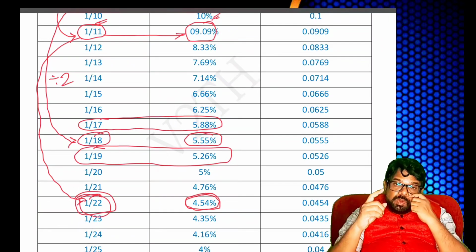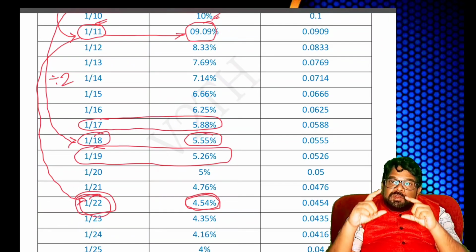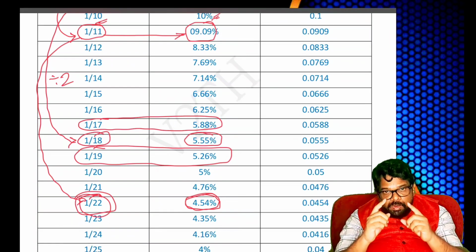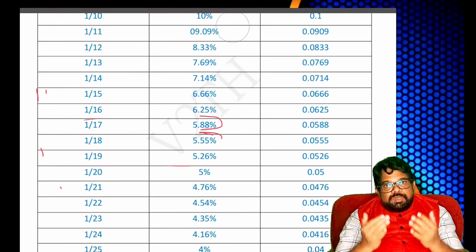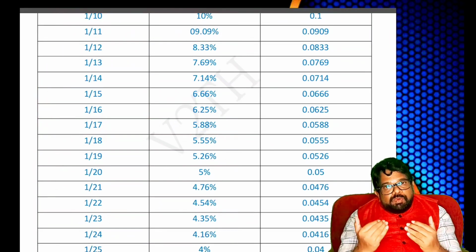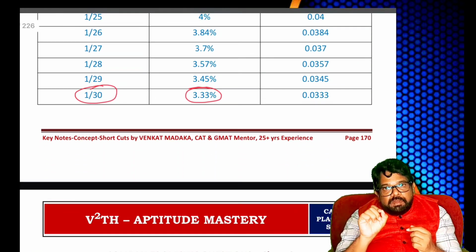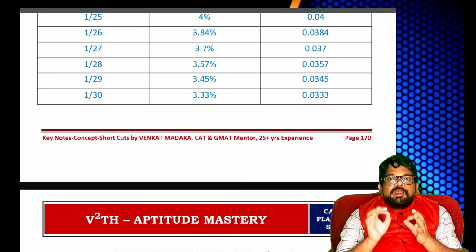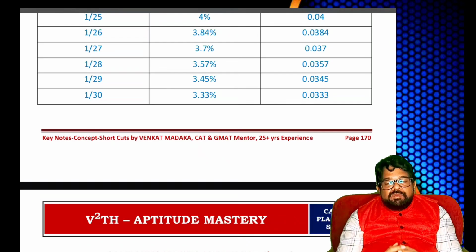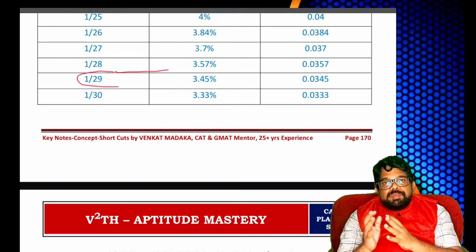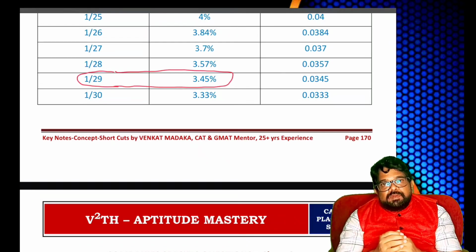Similarly, 1 by 23 and 1 by 29 also have codes. First 1 by 29. Observe the sheet: the digits are in order 3, 4, 5. So 1 by 29 is 3.45%.